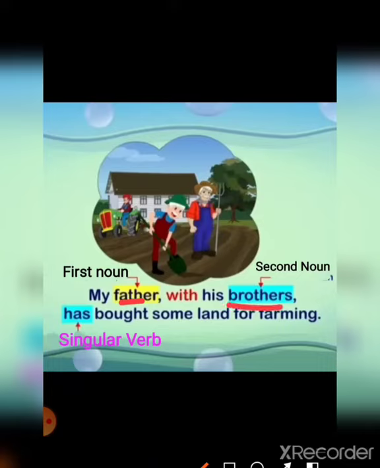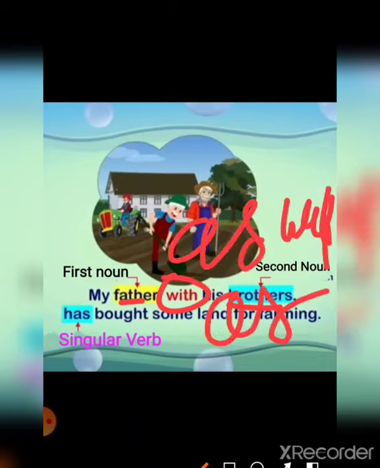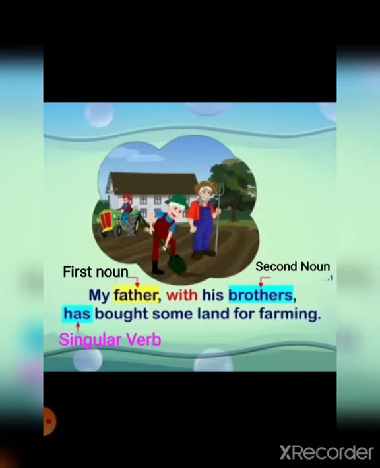Whenever the sentence is joined with or as well as, you will look at the first noun, because whatever number it is, the verb needs to follow the first noun. So my father is a singular subject, so the verb will also be a singular verb.